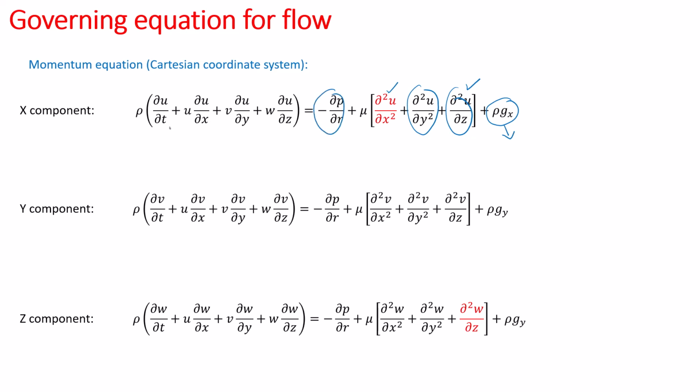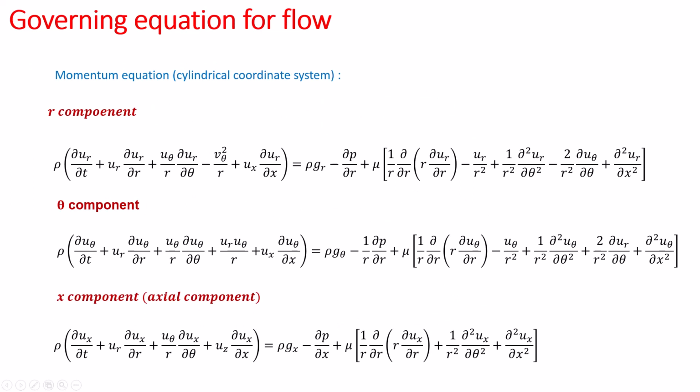This is a convection term, and the first term is the unsteady term, which will be directly 0. Similarly, we have the y component and the z component. The red color shows that this is the normal velocity component. The same is true for this one, and this is true over here.